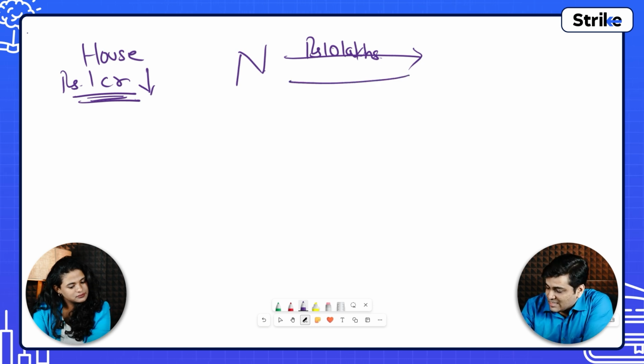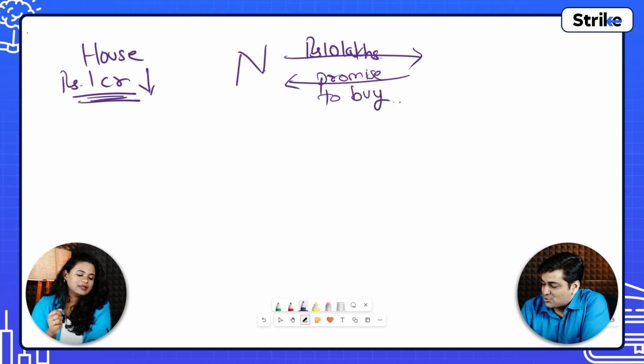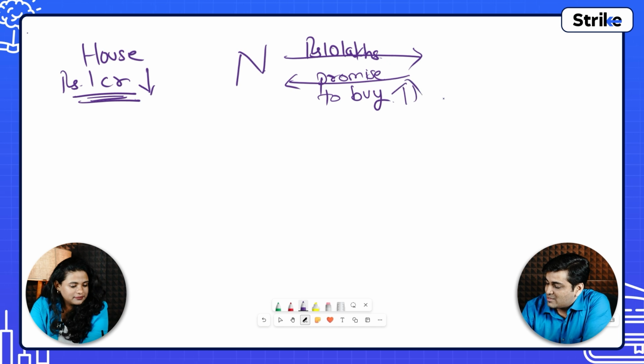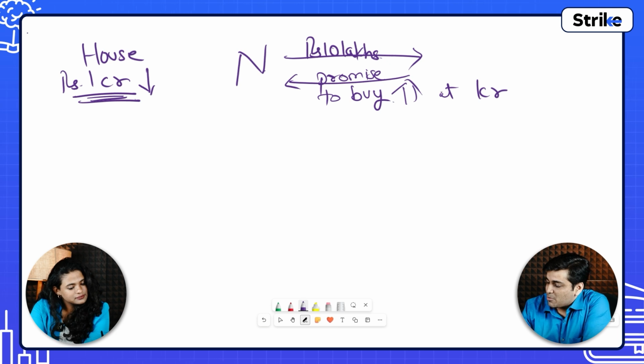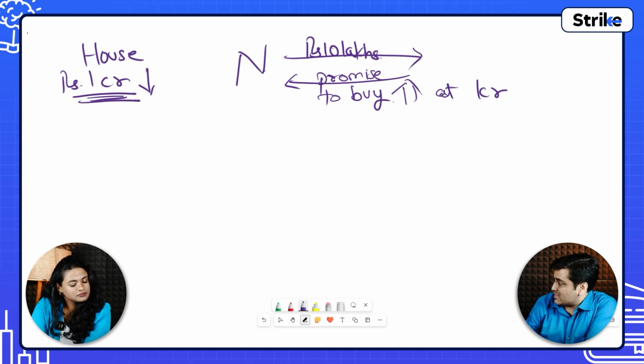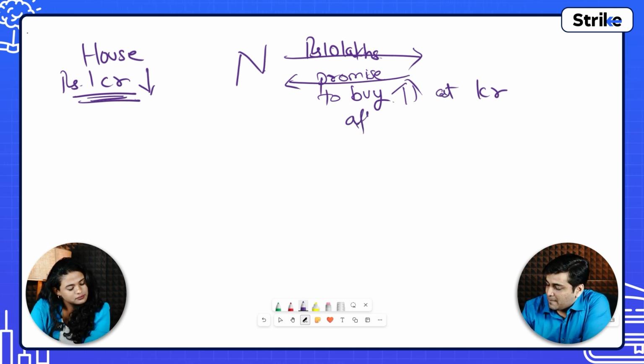So what he is giving you is a promise. A promise to buy your house. Okay. Promise to buy your house at 1 CR, irrespective of the market price then. Correct. Okay. He promises you to buy the house at 1 CR after 6 months when you approach him.